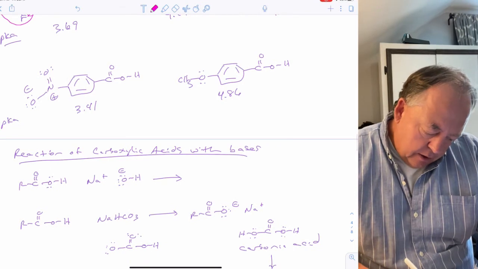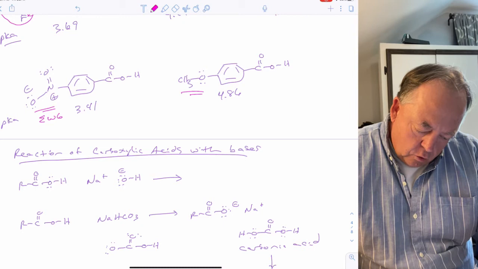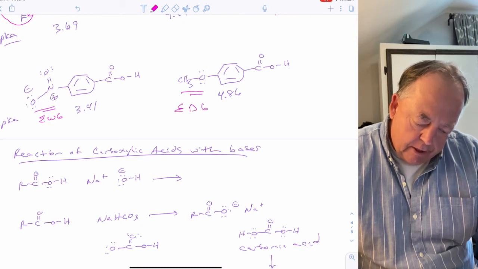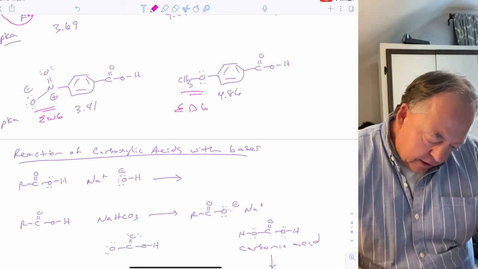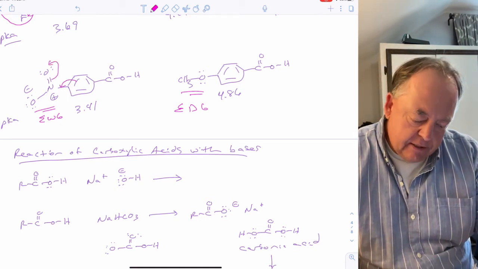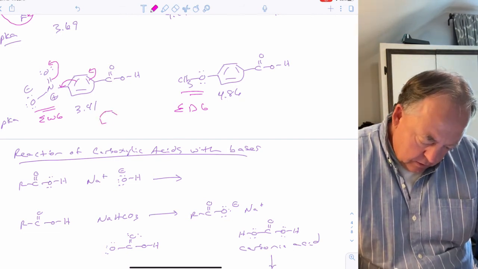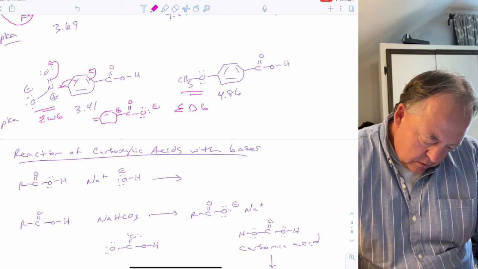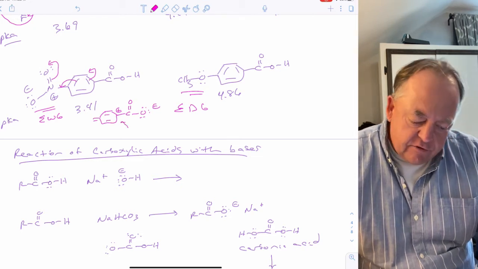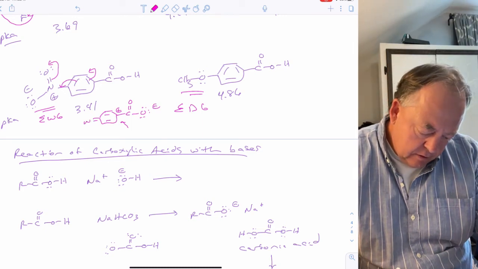Okay, so we see that here too. If you remember, nitro groups are electron withdrawing, and OR groups are electron donating. So again, the nitro group can remove, in this case, the electrons from the benzene ring by resonance. So if we consider the conjugate base, you could put a positive charge near that carboxylate, so that's going to help stabilize the negative charge.